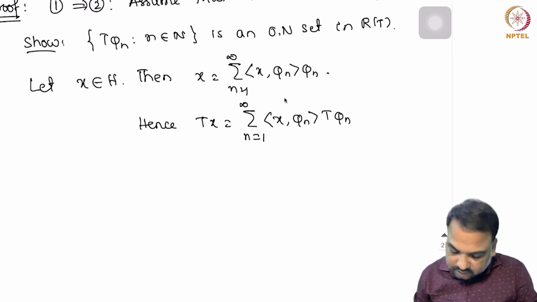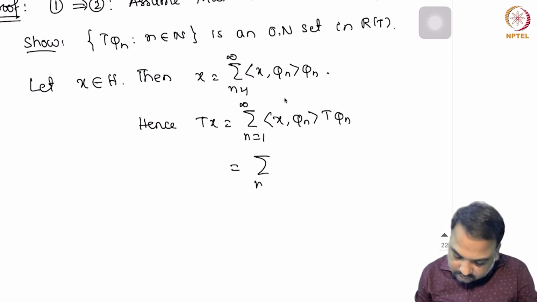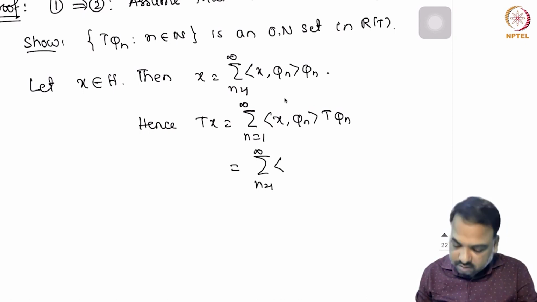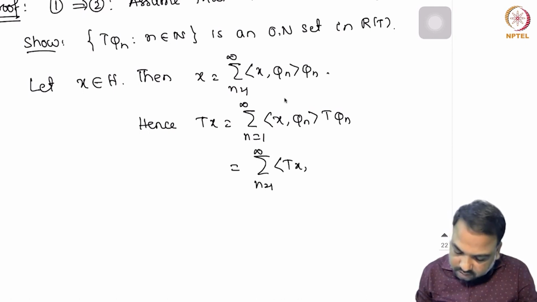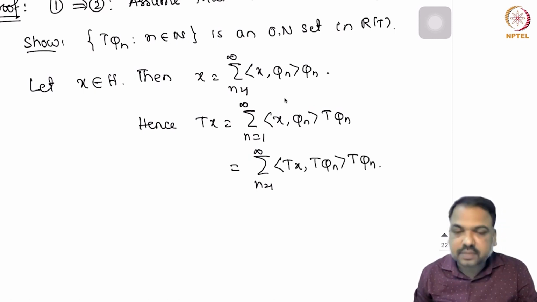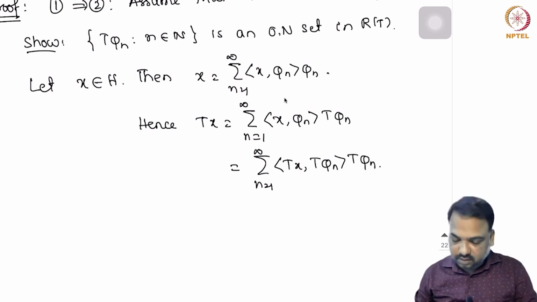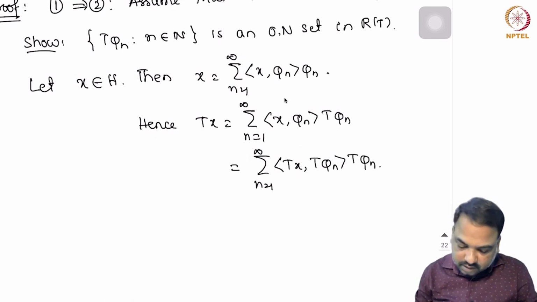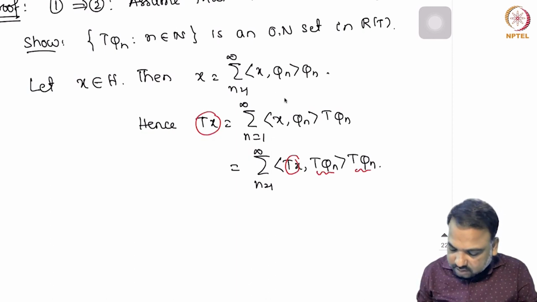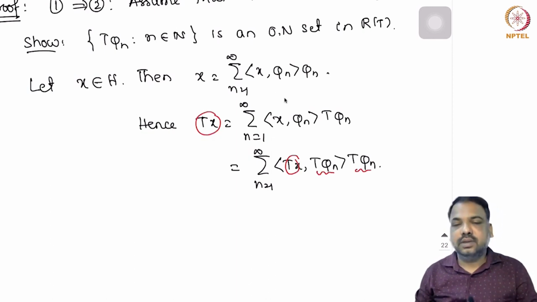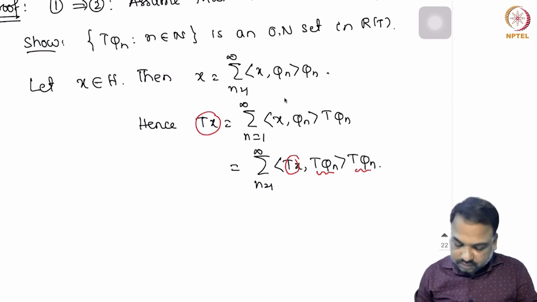Now since T is an isometry, the inner product of x with phi n is nothing but the inner product of Tx with T phi n. So we are representing Tx with respect to this orthonormal set T phi n. Hence we can conclude that every element of the range is represented in this way.